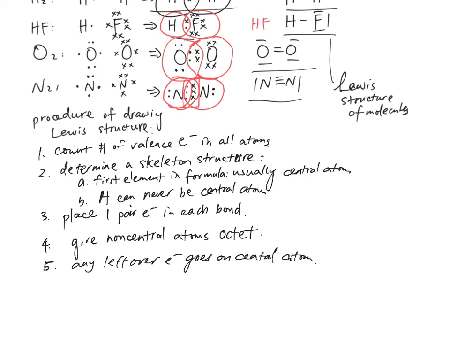And number 6, if after all these previous steps the central atoms do not have an octet, then at this step you must form multiple bonds.